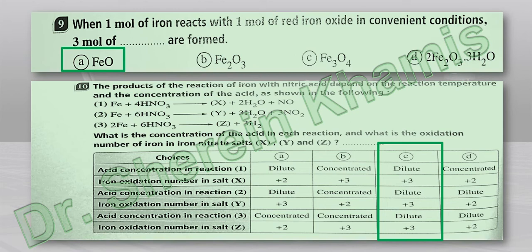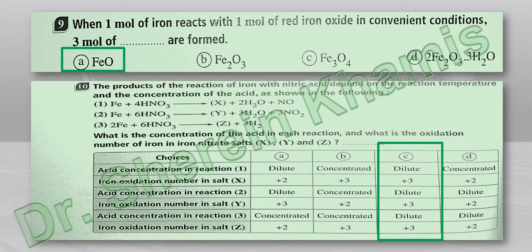Also in salt Y, the product as it reacts with nitric acid only, by a small amount, 1 mole of iron reacts with 4 moles of nitric acid, and the second one, 1 mole of iron reacts with 6 moles of nitric acid. And also if 2 moles of iron react with 6 moles of nitric acid, it will give salt Z.